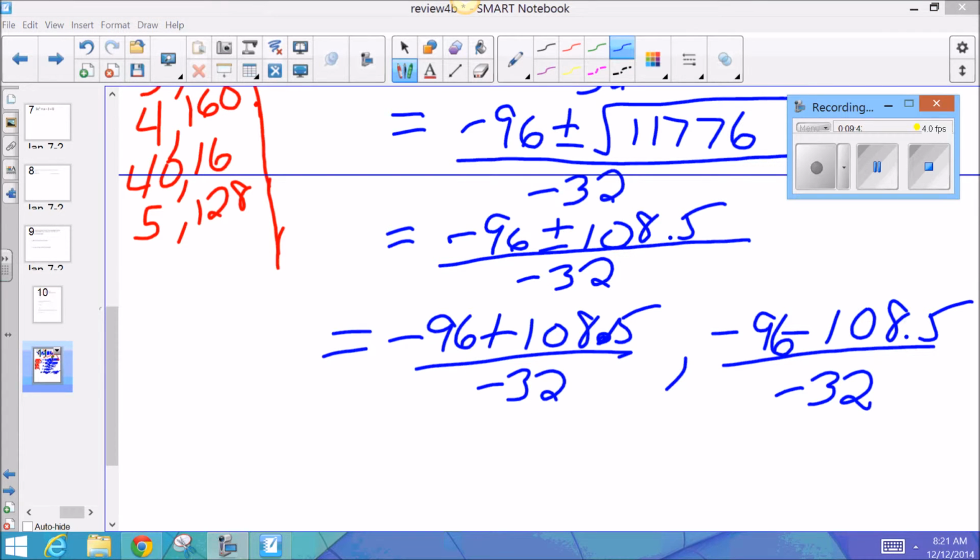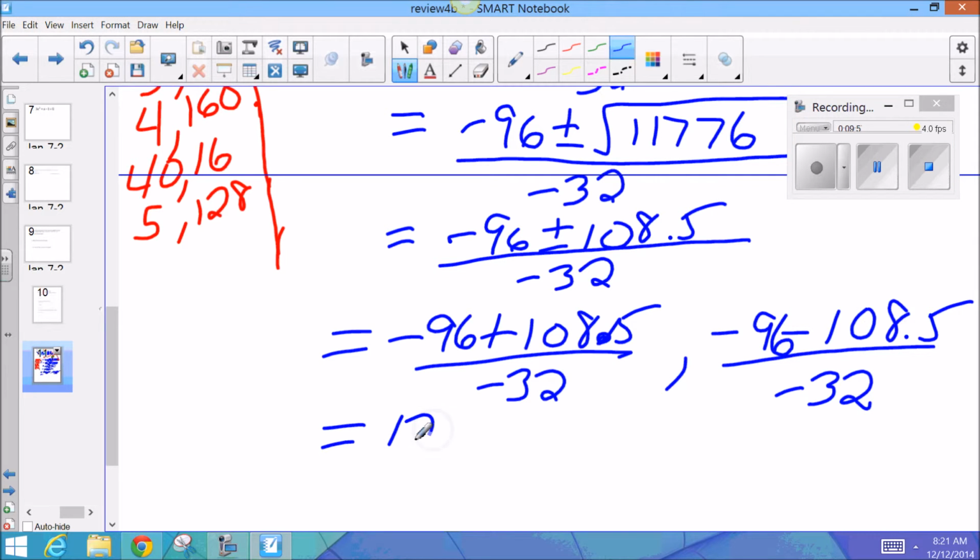All right, so now I'm going to add the numerators. Negative 96 plus 108.5 is 12.5, divided by negative 32. And over here, negative 96 minus 108.5 is negative 204.5.